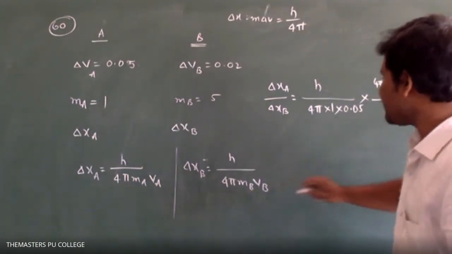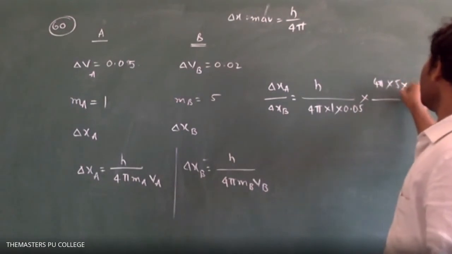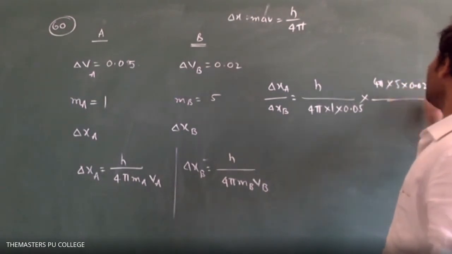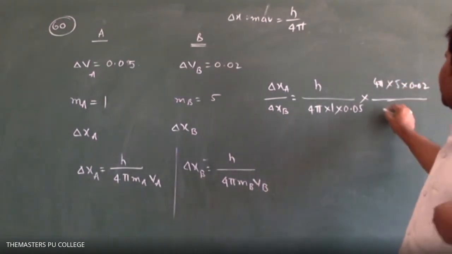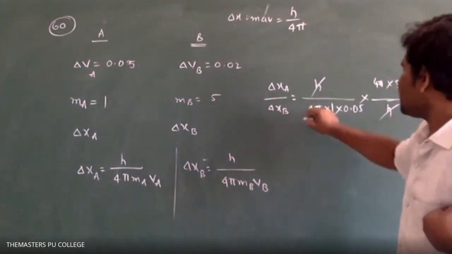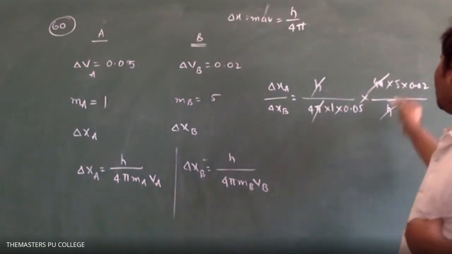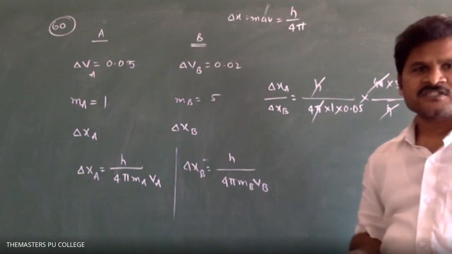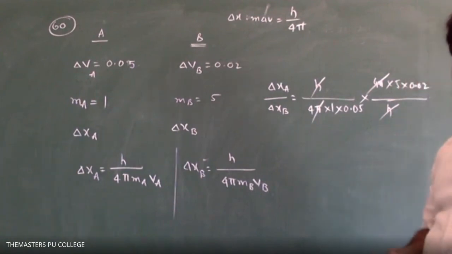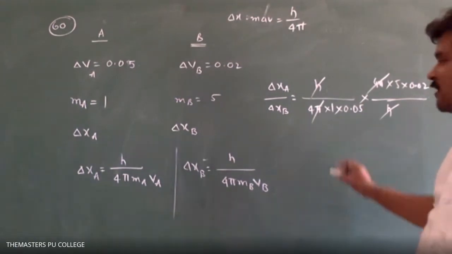What is the mass of B? 5. 0.02 divided by H cancels, 4 pi cancels, 5 into 0.02 is 0.1. 0.1 divided by 0.05 is 2. Answer 2.